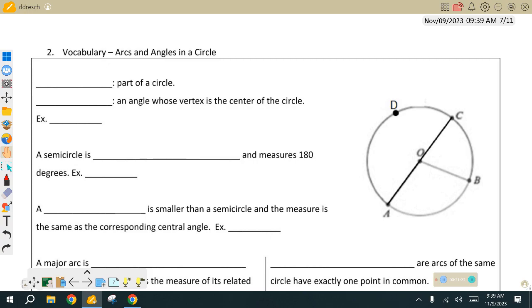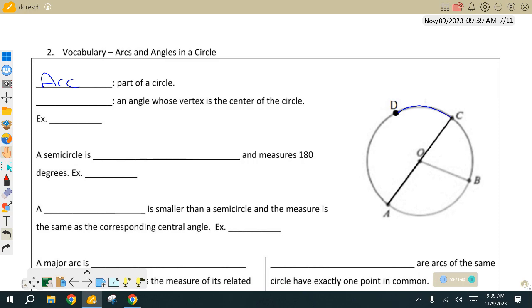All right, so now what we're going to talk about is the actual parts around the circle. What I just started highlighting is what we call a part of a circle, an arc. We've all heard the word arc, not A-R-K, but A-R-C.